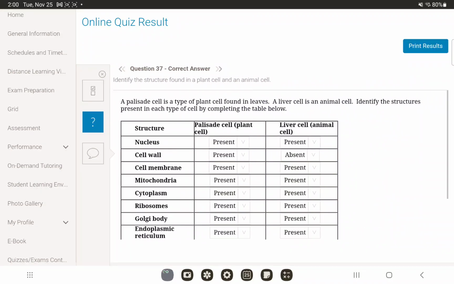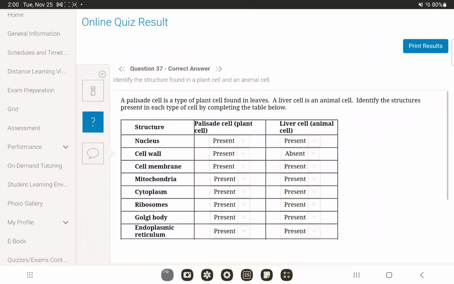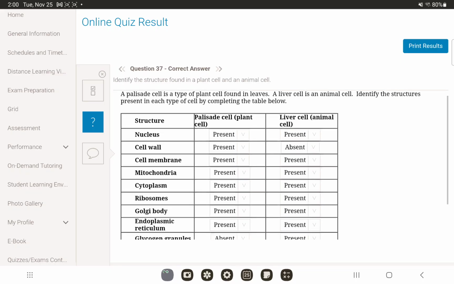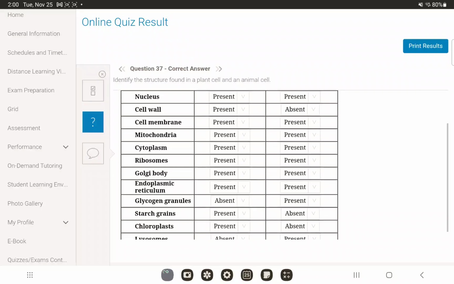Here, oh, this is complicated. A palisade cell is a type of plant cell found in leaves. A liver cell is an animal cell. Identify the structures present in each type of cell by completing the table below. Nucleus.